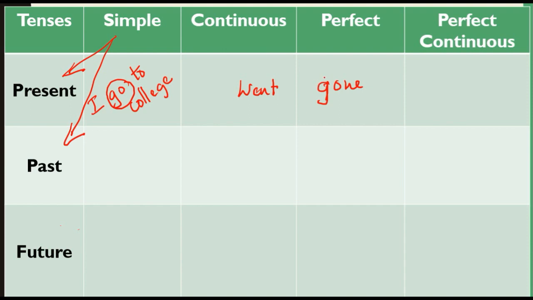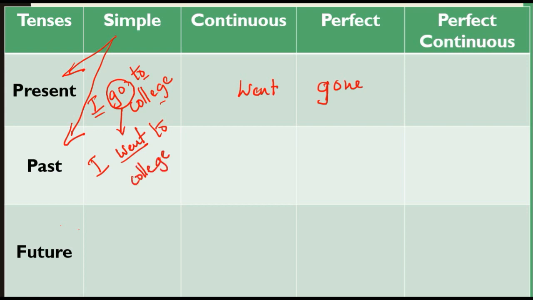So the only thing you have to do to convert simple present to simple past here is change go to went and keep all the other words in the sentence as they are. So it will be I went to college. I go to college. I went to college.